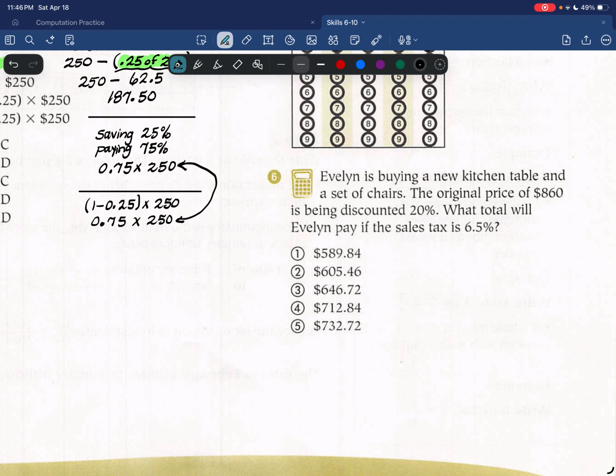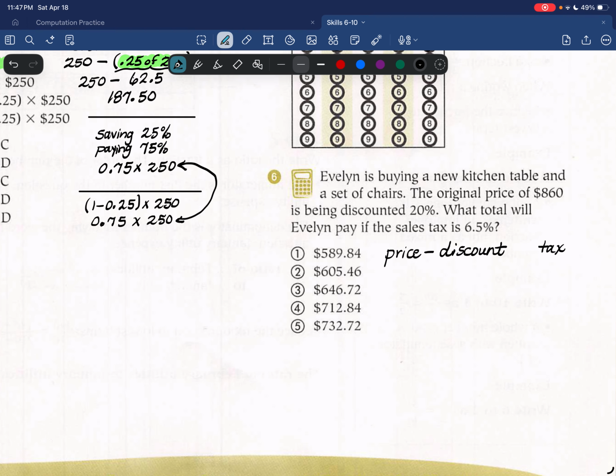So we have the price minus the discount. And I'm going to put tax out here. I'll decide in a minute if it gets added or multiplied. I think I'm going to have it multiplied because the more I do it, the more I like that method.